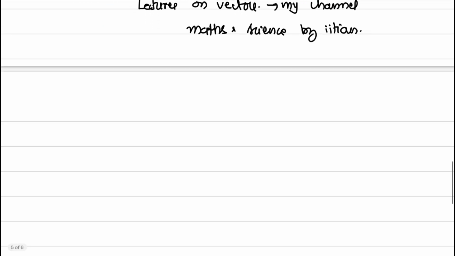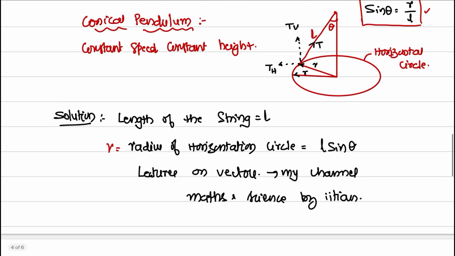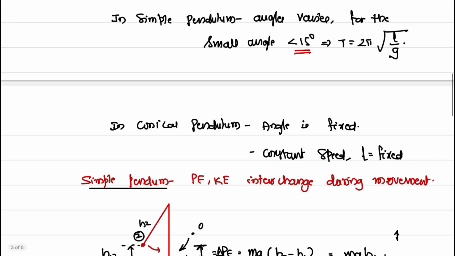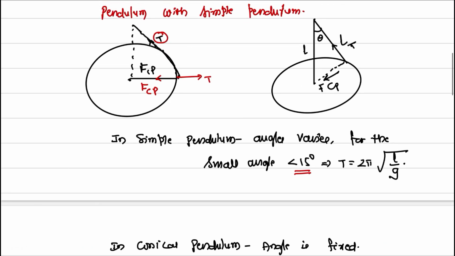You will understand. Now, tension in the string. I have drawn these two circles and shown you this is the tension. The horizontal component of the tension is to be taken into consideration.